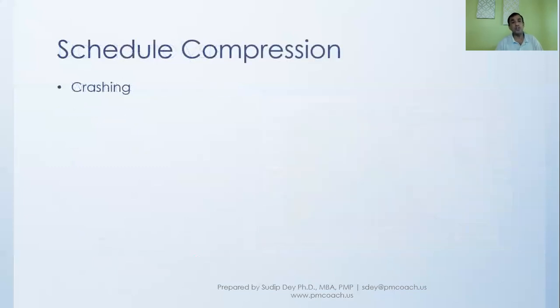Then there is this concept of schedule compression. Let's say you are doing a project and you are going to finish in 3 months. You have made the plan, everything is fine, then your user comes and says, hey, there is something that has happened in the business.